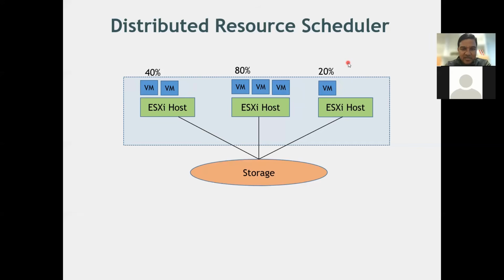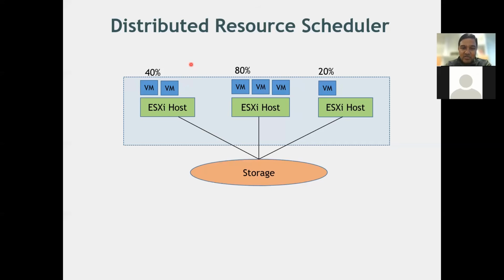If 50% load is there on all the hosts and DRS is fully automated, in that case it is fine. There is no need to balance anything because everyone has an equal load. Now assume that this load goes to 52%, this goes to 51%, and this still has 50%.